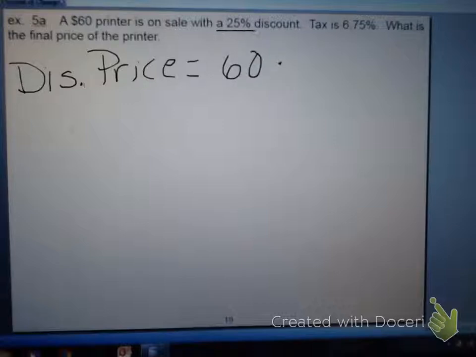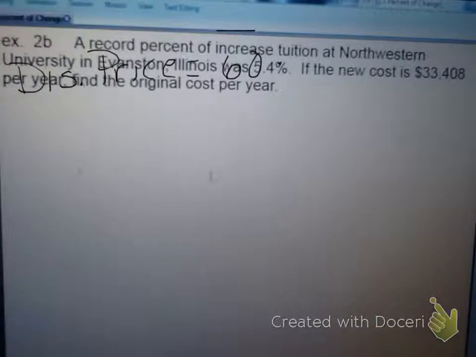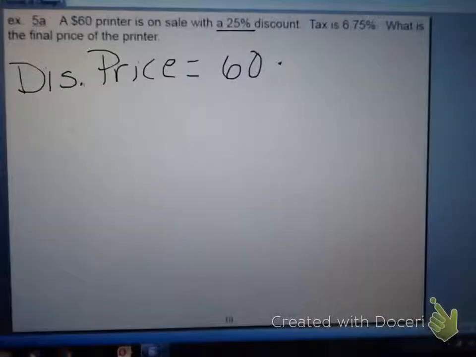We get a 25% discount, so we are paying 75%, so it's going to be 0.75. $60 times 0.75 is $45.